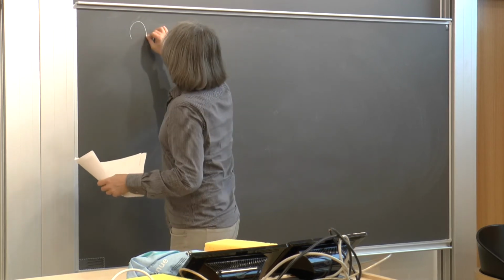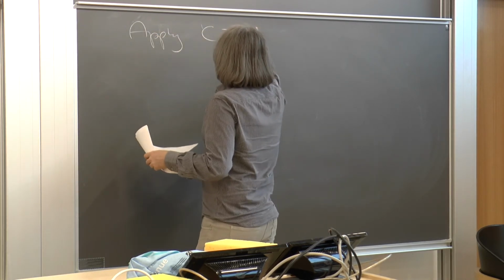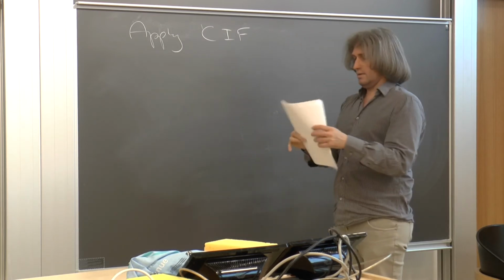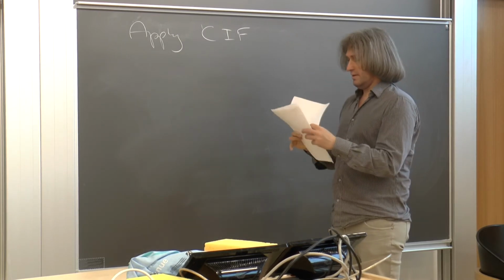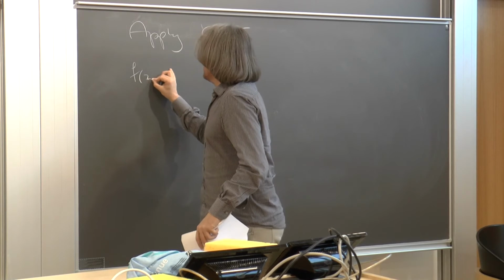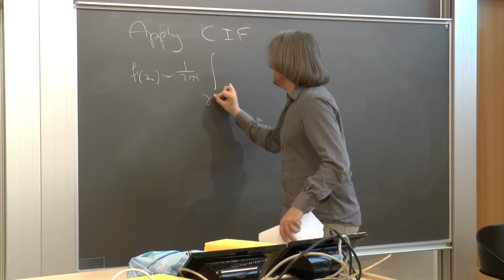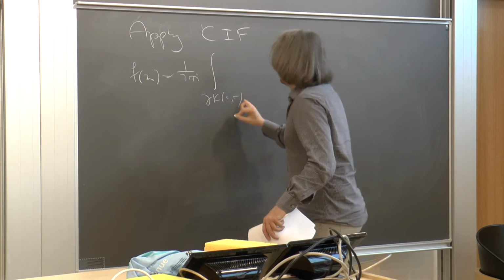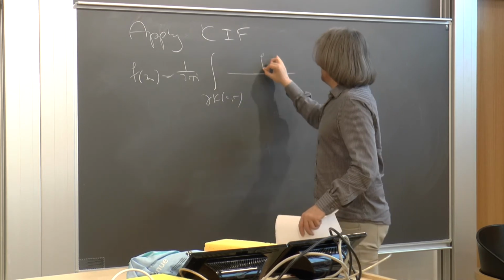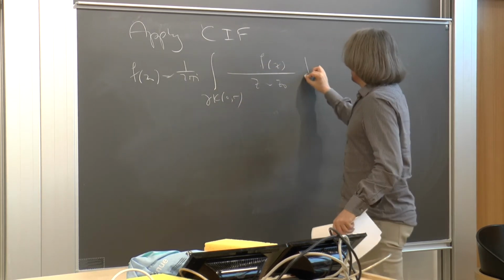So f of z naught is 1 over 2 pi i times the integral over the circle of K_a(r) of f of z over z minus z naught dz.